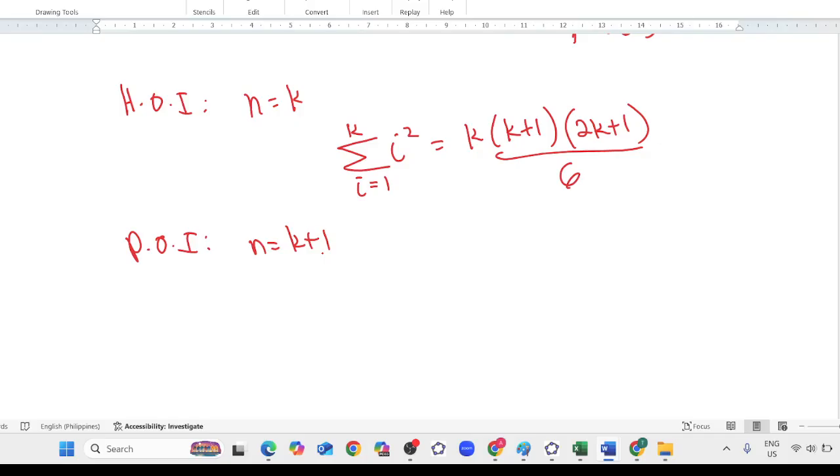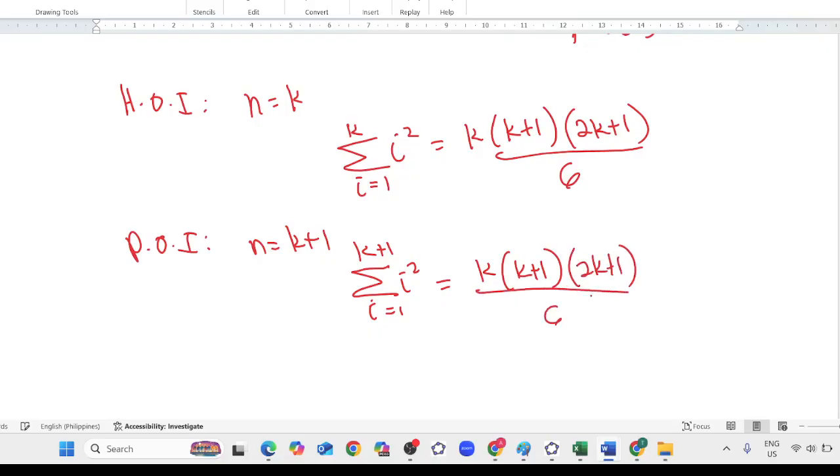Do we have strong induction? So that is now the summation of i equal to 1 of i squared, up to k plus 1. So therefore here we just add k plus 1 quantity squared: k times k plus 1 times 2k plus 1 over 6 plus k plus 1 squared. This is the only term we added because it is now k plus 1.